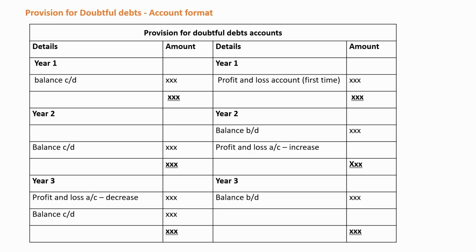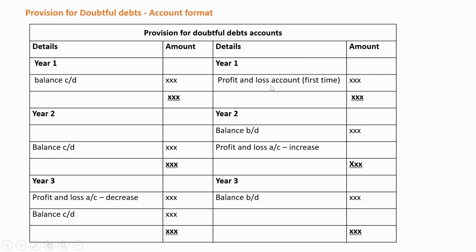So remember the entries I have given you. If it is the first time, you debit profit and loss account, and then you credit provision for doubtful debts account with the whole amount. Because this is a provision for doubtful debts account, we are making a credit entry. This is the credit side.